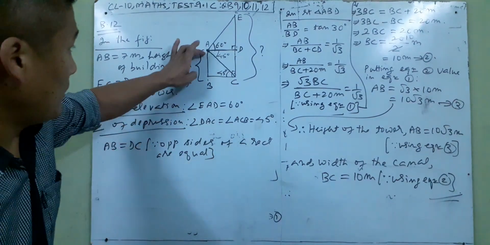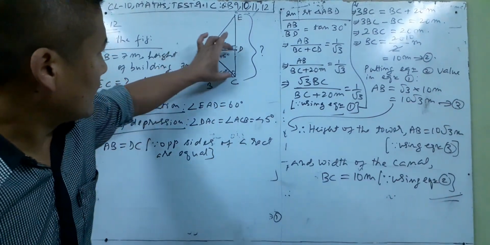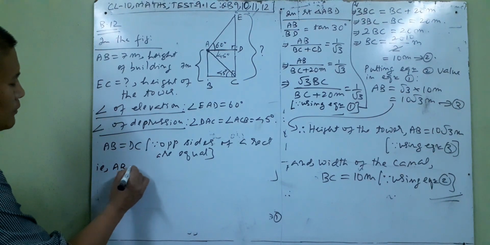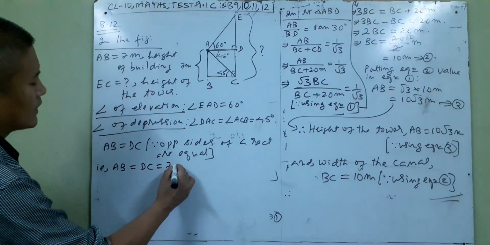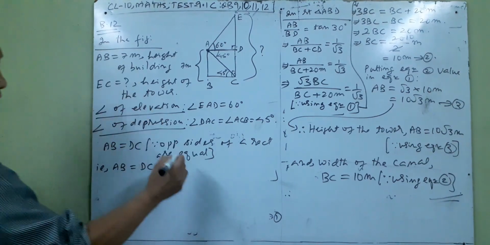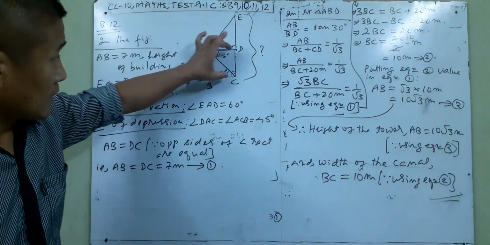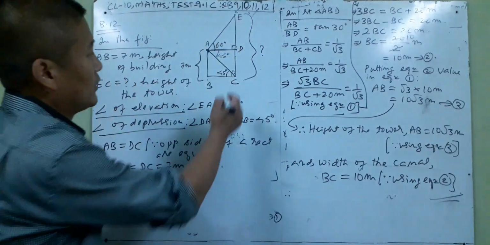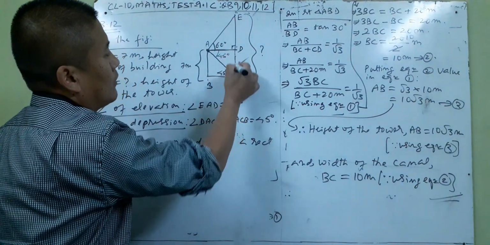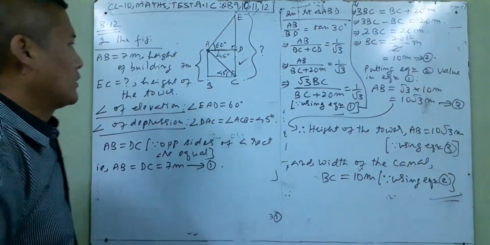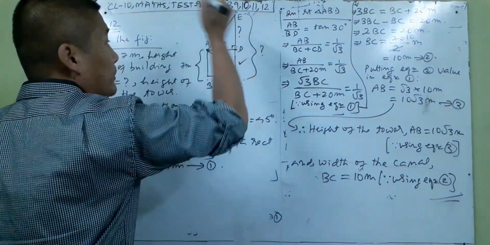See here, this ABCD is a rectangle, so AB and DC are opposite sides and they will be equal, which means both of them will be 7 meters, because AB is already 7 meters. So we know this is 7. All we need is to find ED and join it to this, which gives the height of the tower. So we are trying to find this one, ED.